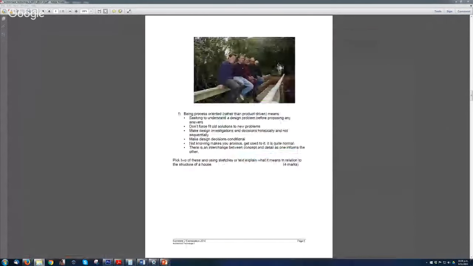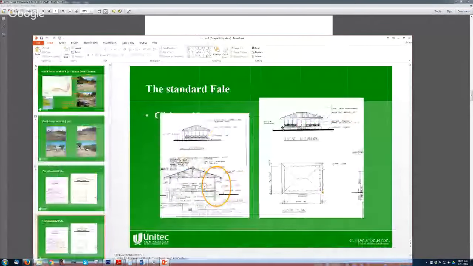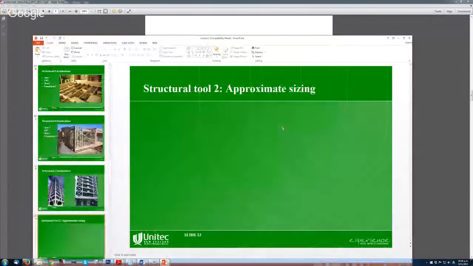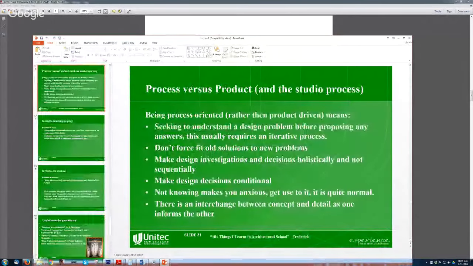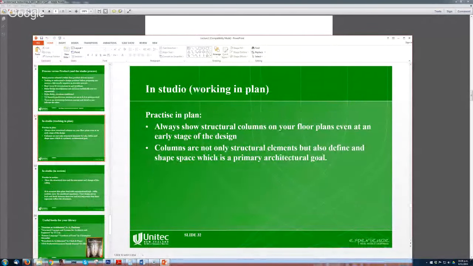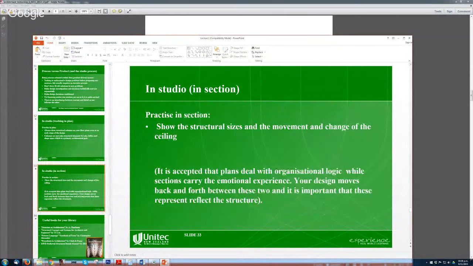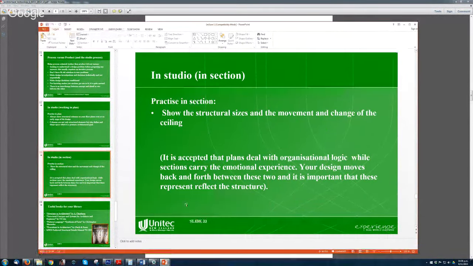That's not here as well. Oh god. Was this for question F? Yeah. Here. Process versus project, and I think the answer would be working in plan, and then working in section. So if you want to know a bit more, just read those slides. Lecture 1, slide 32 and 33.